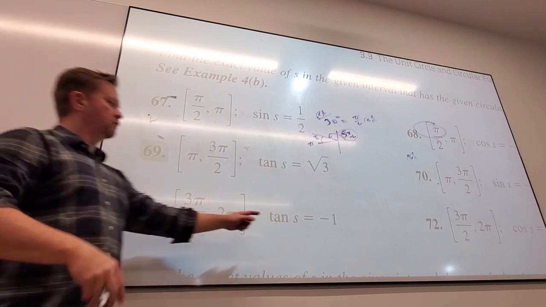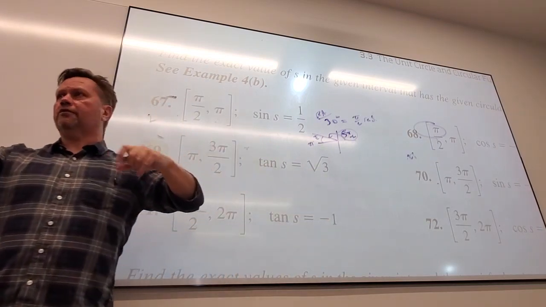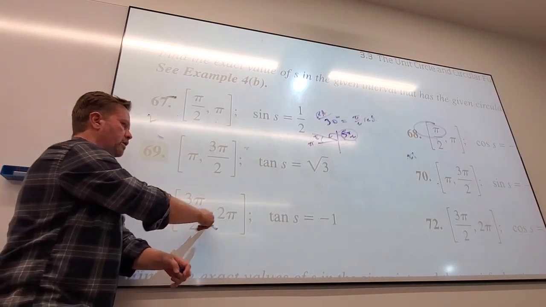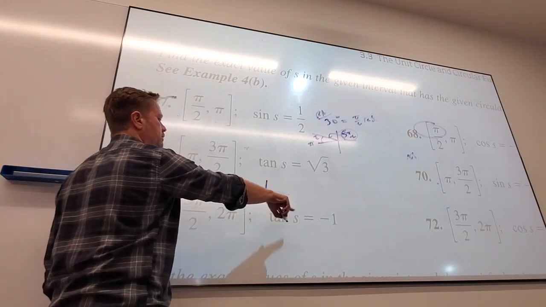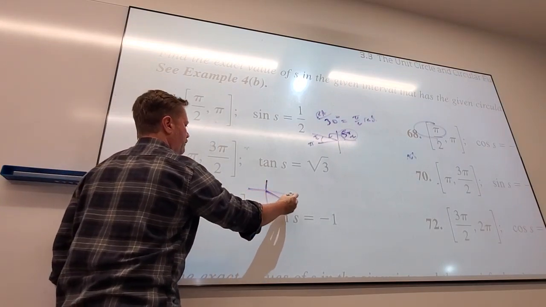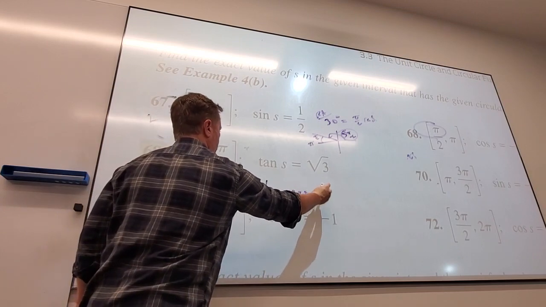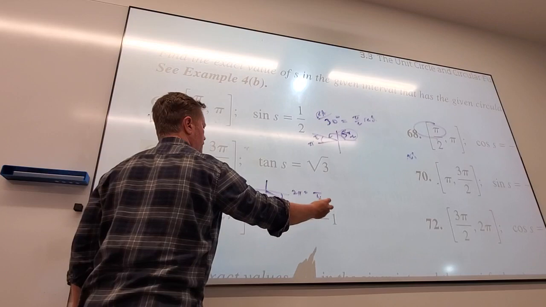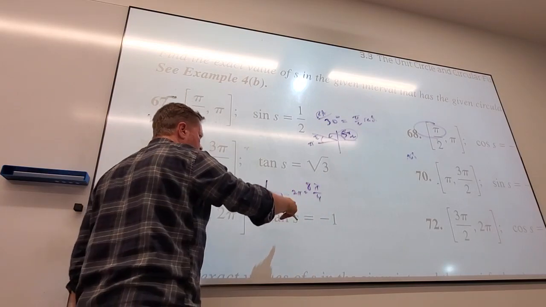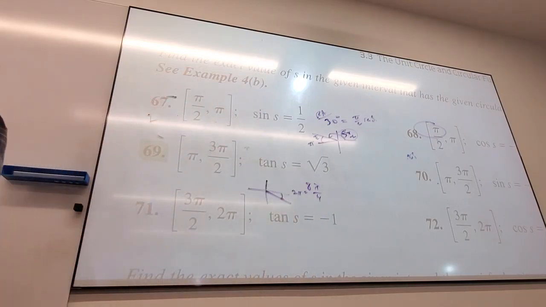Tangent is -1, so I know it's going to be 45 degrees, that's pi over 4. I'm in this quadrant, which makes sense because in the fourth quadrant, tangent is negative. I'm pi over 4 short of 2 pi. Well, what's 2 pi in fourths? 8 pi over 4. I'm 1/4 shy of that. 7 pi over 4. Done. Next problem, please.